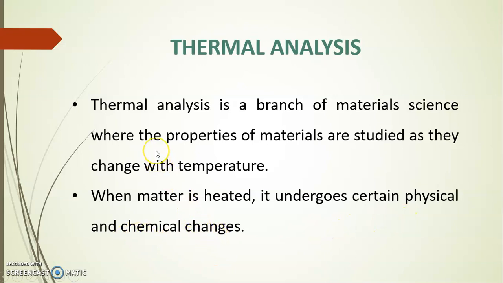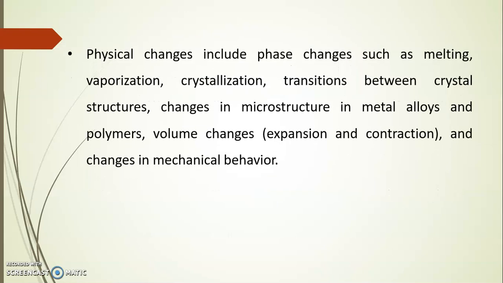So the definition of thermal analysis is: it is the branch of material science which deals with the study of physical and chemical changes that occur when we apply heat. So there are some physical and chemical changes produced. Physical changes such as melting, vaporization, crystallization, transition between crystal structures, changes in microstructure in metal alloys and polymers.